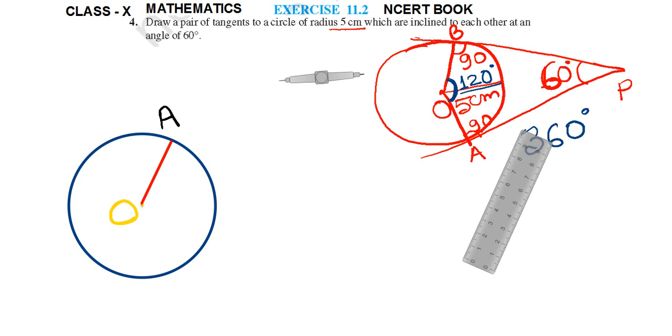So let's choose this compass and put the tip of the compass here, and you know well how one can draw. First of all we have to take an arc.